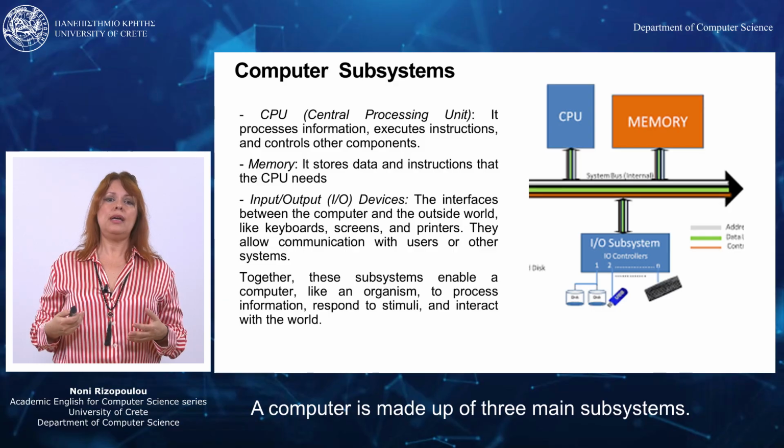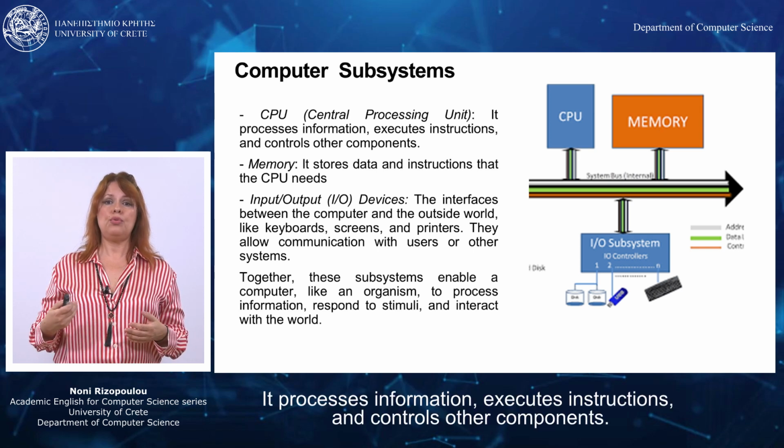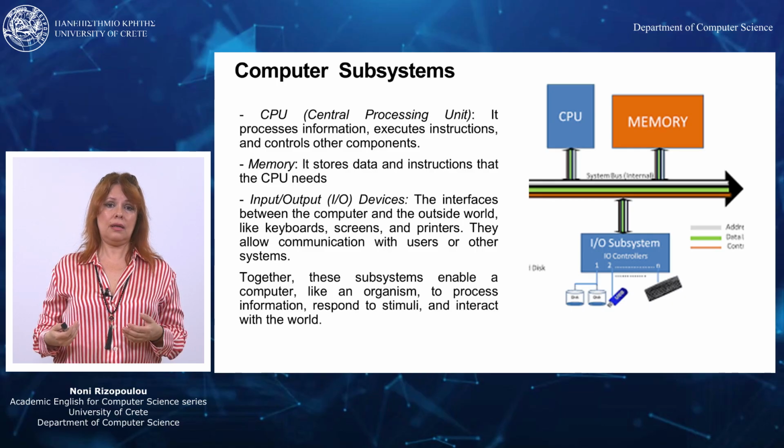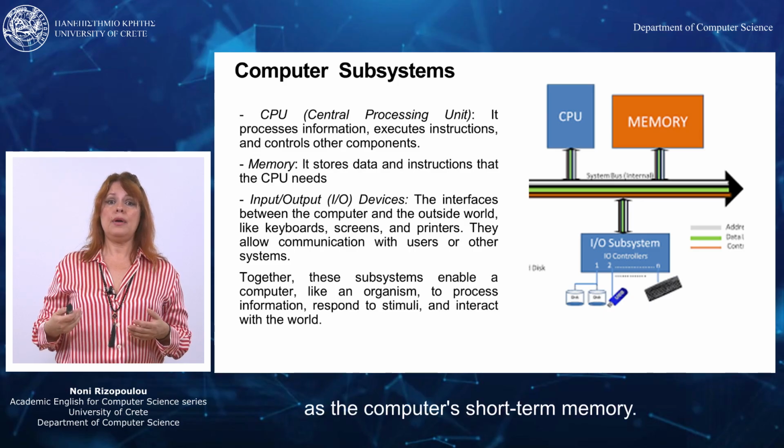A computer is made up of three main subsystems. The CPU, Central Processing Unit, is the brain of the computer. It processes information, executes instructions, and controls other components. You can think of main memory as the computer's short-term memory.